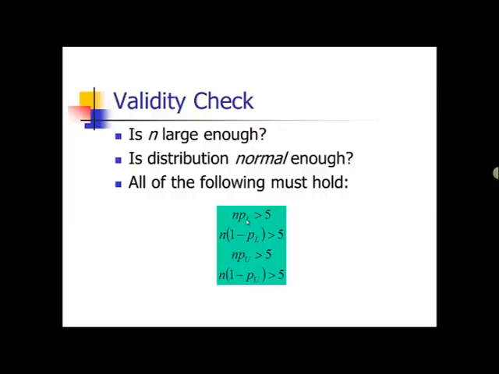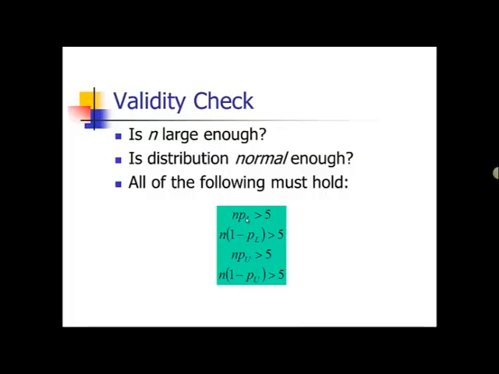So our lower value, the one we get using the minus sign, we're going to multiply that by our sample size, and we're going to check to see if that product is greater than 5. Then we're going to take that sample size multiplied by 1 minus this lower estimate that I call P sub L here. And we're going to check to see, is that product greater than 5? And then we're going to repeat those same two expressions for the upper estimate.